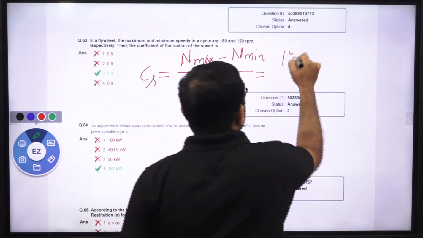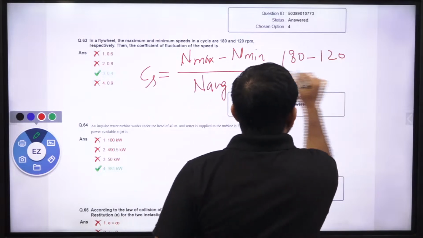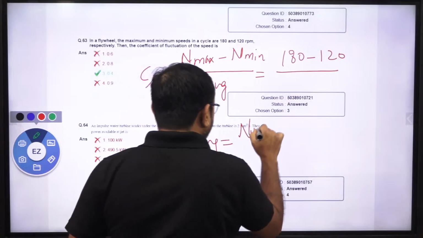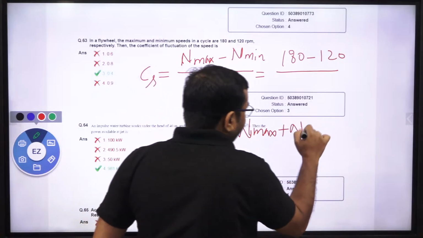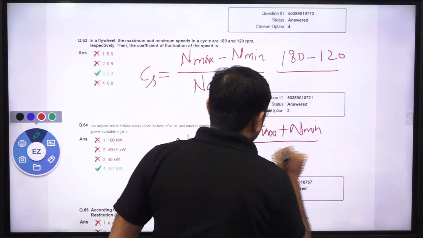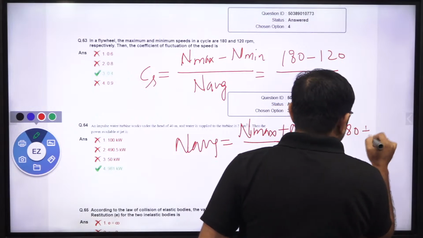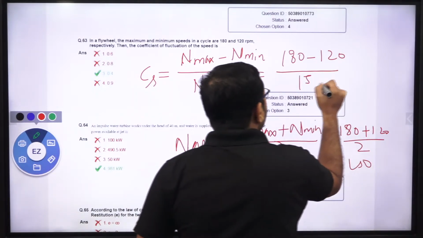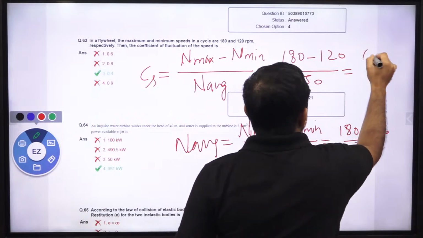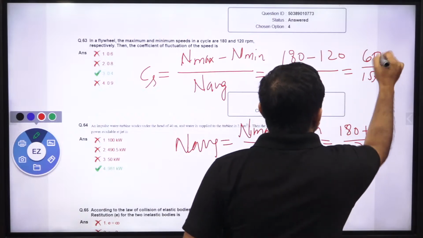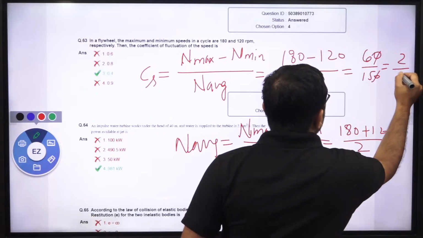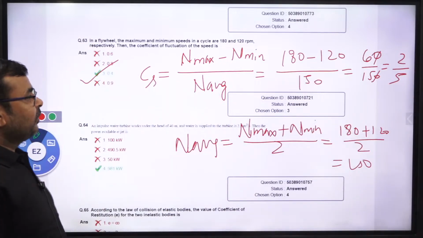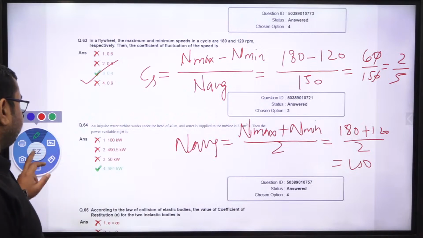This is 180 minus 120, and the average is N maximum plus N minimum over 2, that is 180 plus 120 over 2, so this is 150. If I put 150, we get 60 over 150, which is 2 by 5. This is 40%, meaning 0.4. Yes or no? 0.4 is the right answer.